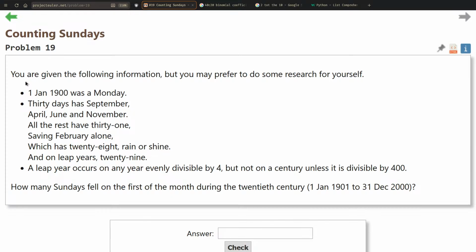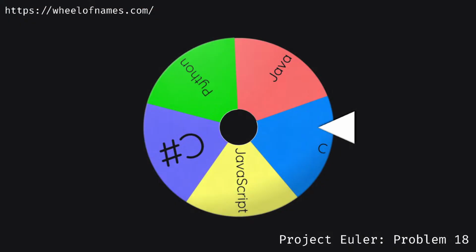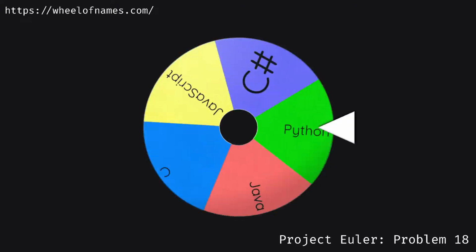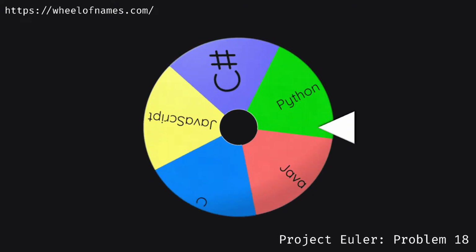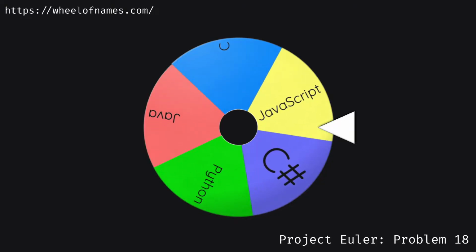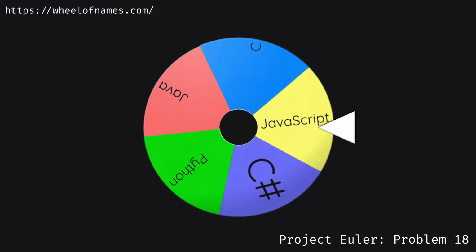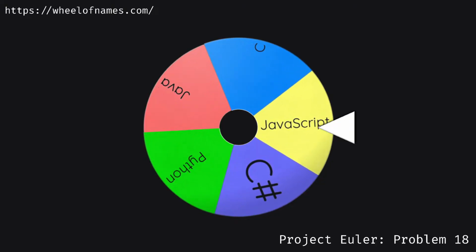Let's spin the wheel and see what language I get. Okay, I'd like maybe JavaScript. We haven't done any JavaScript problems today. And, oh, yes! We got it! Thank you, Wheel. You deserve a round of applause for that.